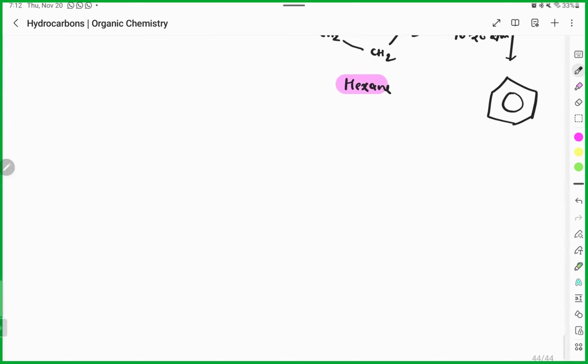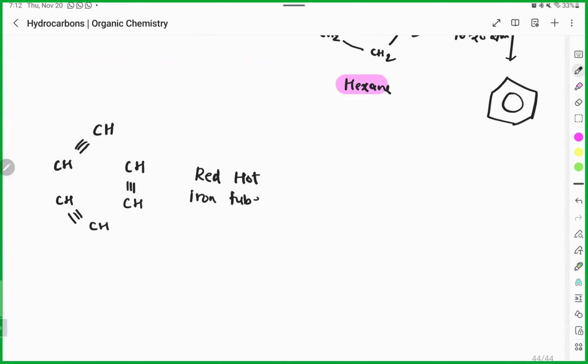For example, if you take CH triple bond CH, CH triple bond CH and CH triple bond CH and you take a red hot iron tube at 873 Kelvin or you can take almost 600, very high temperature.